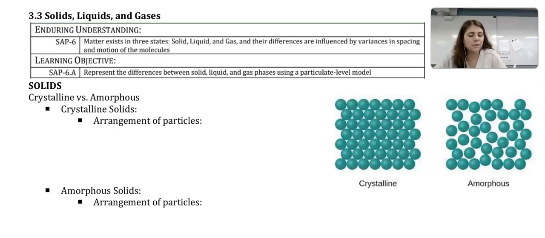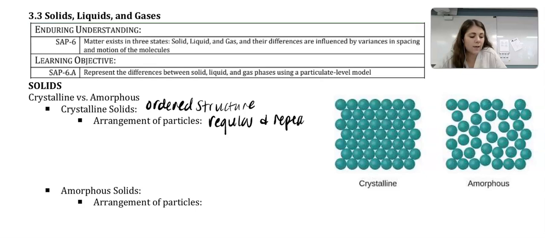Crystalline solids are going to be considered the more ordered structure compared to amorphous. When we look at the arrangement of particles, we're looking at a regular and repeating pattern in the solid.